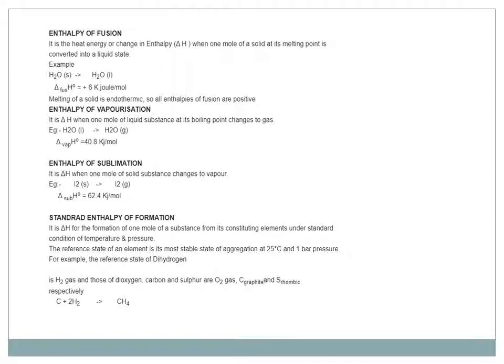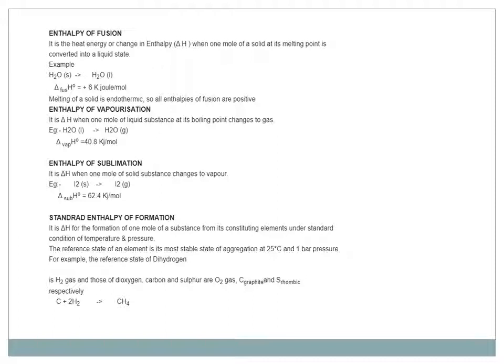Next topic, standard enthalpy of formation. It is the enthalpy change for formation of 1 mole of a substance from its constituent elements under standard conditions of temperature and pressure.